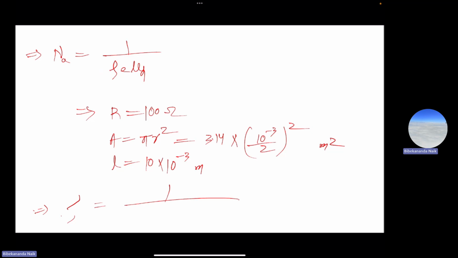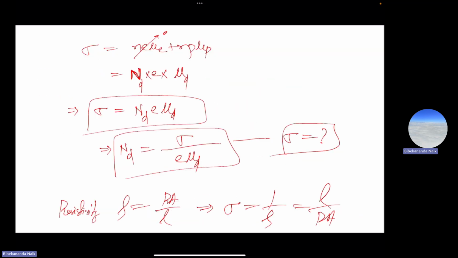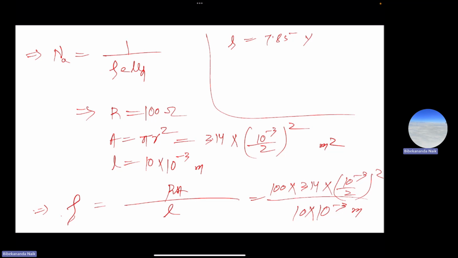The resistivity rho will be RA by L. It is 100 into 3.14 into (10 to the power minus 3 by 2) square divided by L, which is 10 into 10 to the power minus 3 meter, which will come around 7.85 into 10 to the power minus 3 ohm meter.